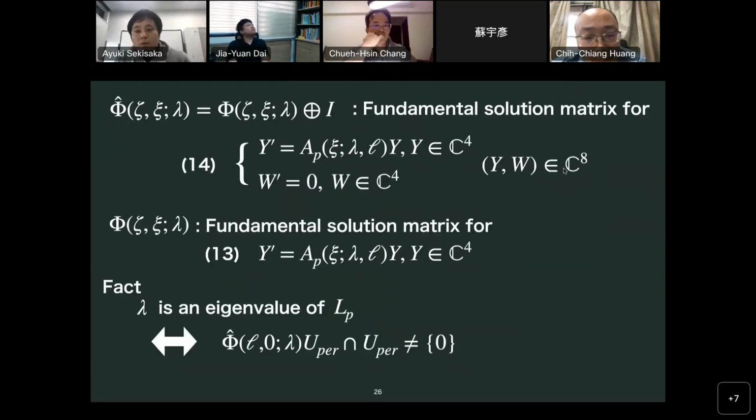This is a fundamental solution matrix for the extended system 14, where phi is a fundamental solution matrix for the system y dash equals AP y, equation 13. Then lambda is an eigenvalue of LP if and only if such subspaces and U bar intersect non-trivially.